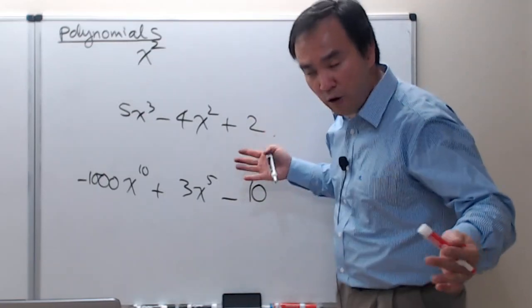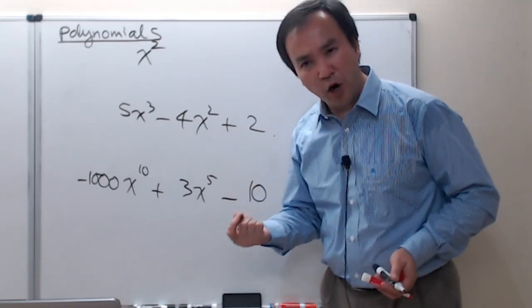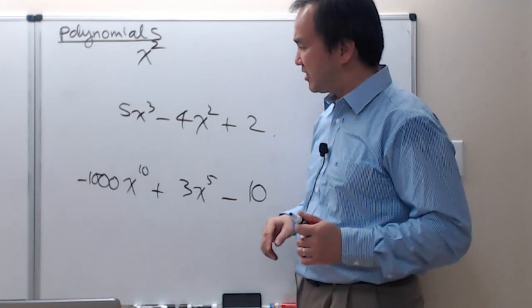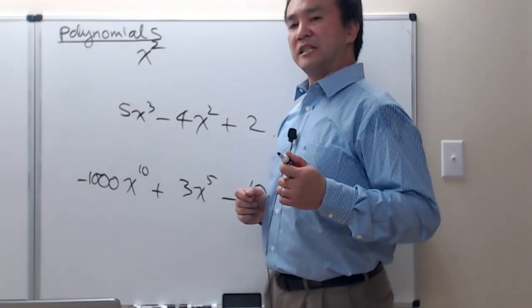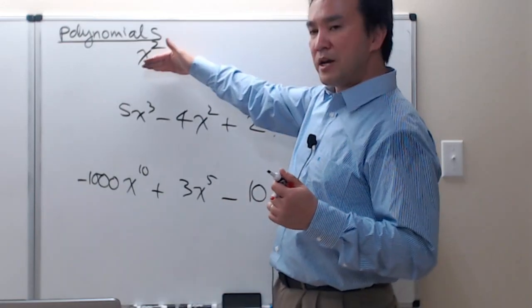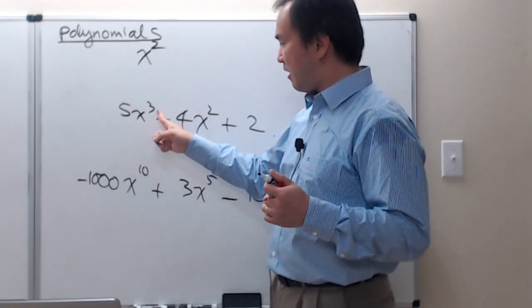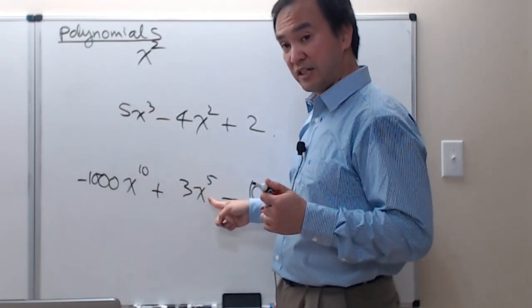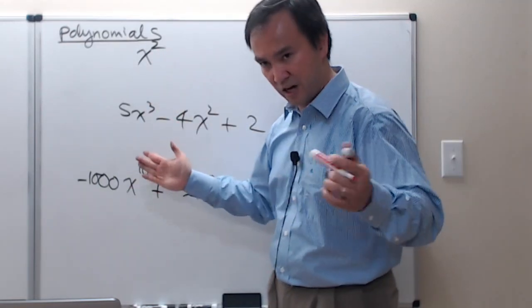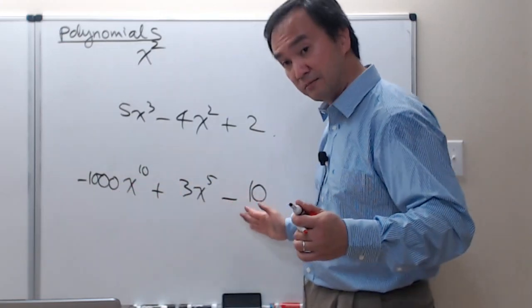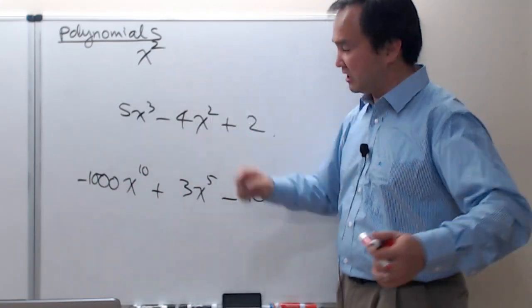So what's in a polynomial? The algebra teacher should have mentioned that a polynomial is a combination of powers of x. It's a combination of multiple terms, or it could even be just one single term.